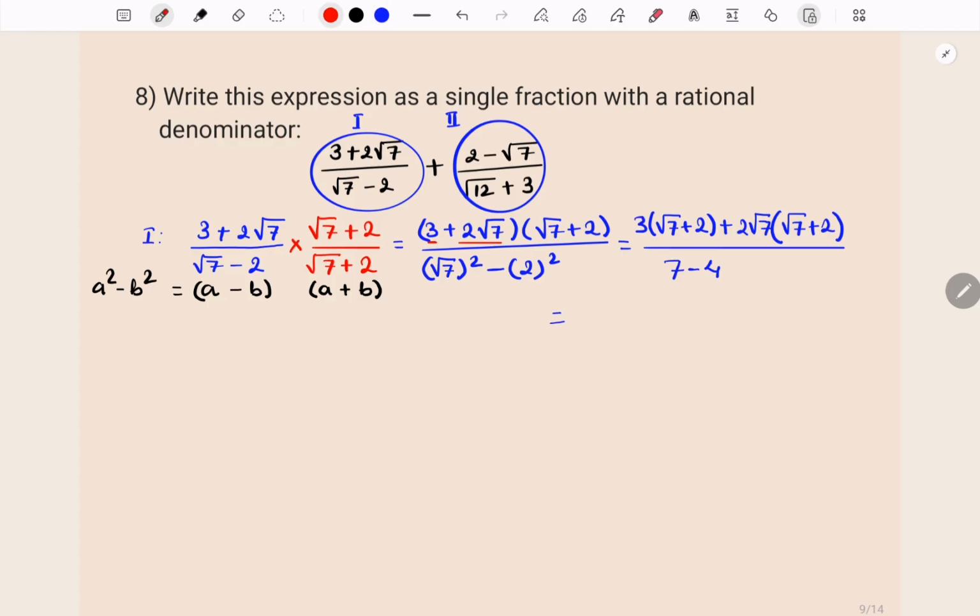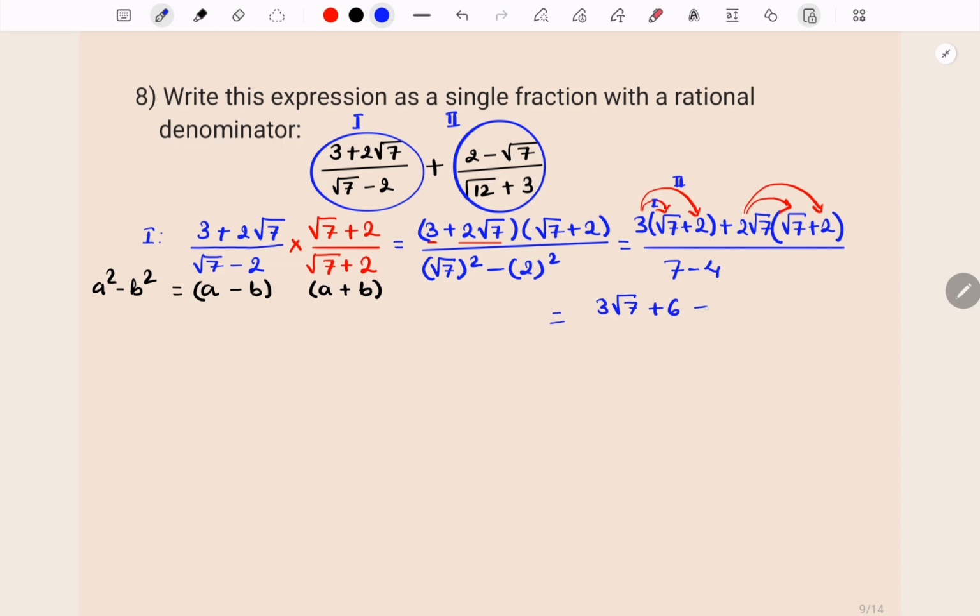Here clearly we need to multiply this 3 with root 7 first, and then this 3 with 2. Here 2 root 7 will be multiplied to root 7 and also to 2, right? So in the numerator, 3 multiplied by root 7 is 3 root 7. That is the first multiplication. And then 3 times 2 is 6. That is the second multiplication.